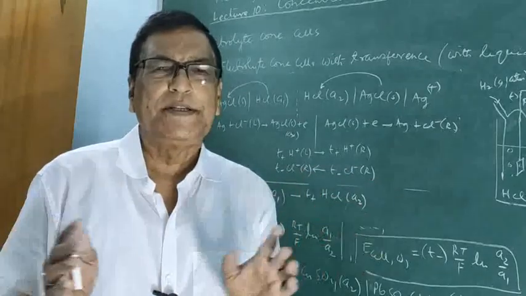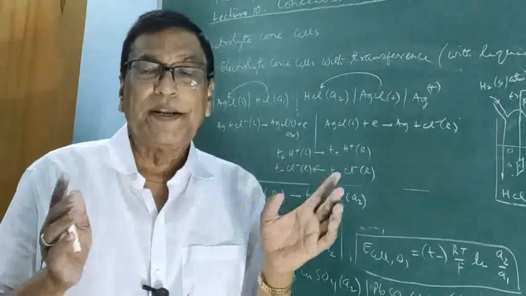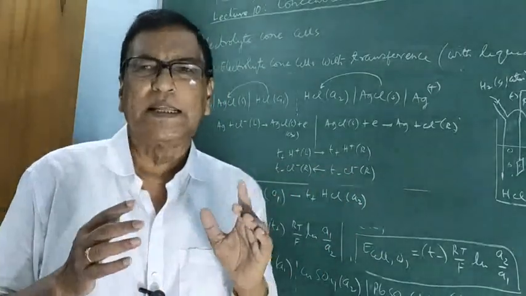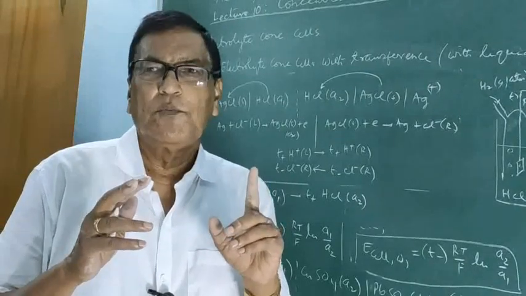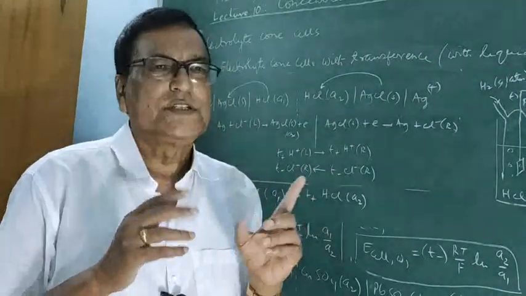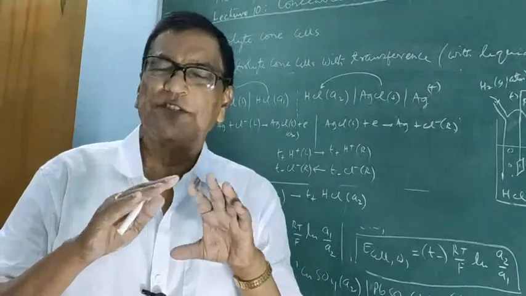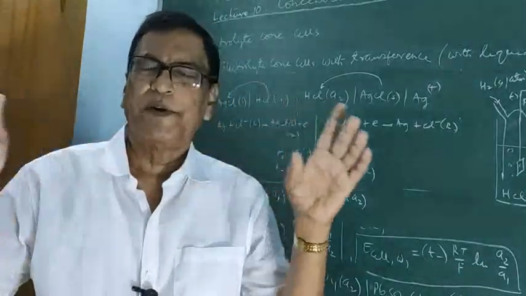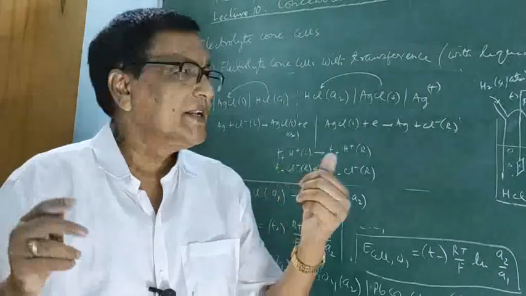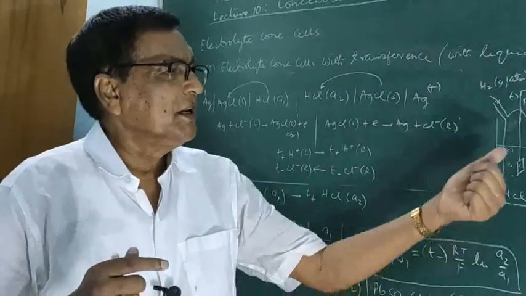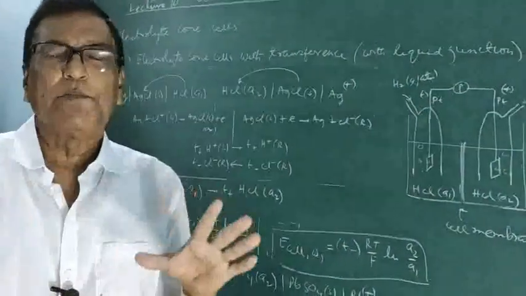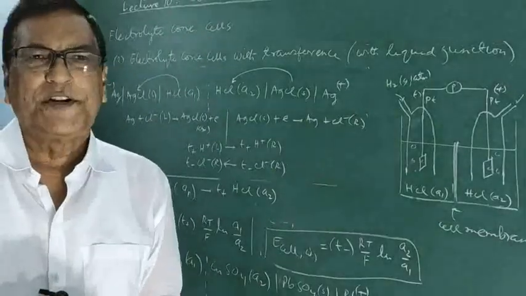How many properties could be determined by measuring only one property, the EMF of the cell? The EMF of the cell is connected with various properties, and by measuring it by means of a potentiometer, other properties could also be calculated.